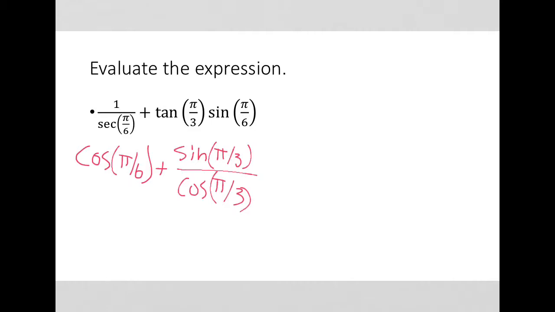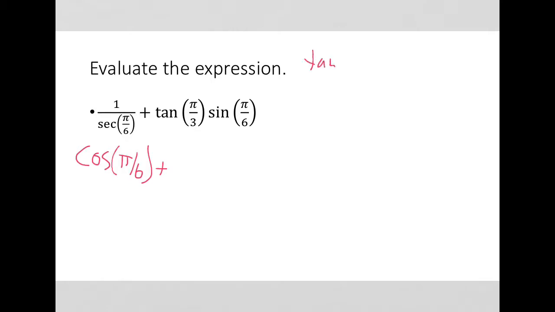I don't know why. But we have that, and we still have times sine of pi over 6. And somehow we need to simplify this. Well, we should try and get all these angles to be the same. So actually, I'm going to go back a step and change tangent to cotangent using its cofunction identity.